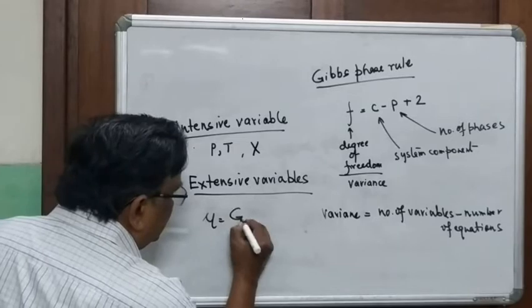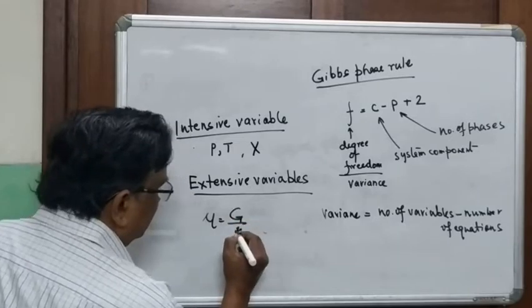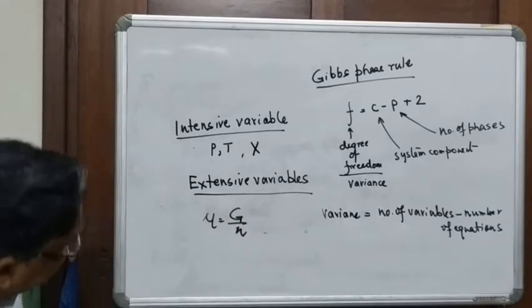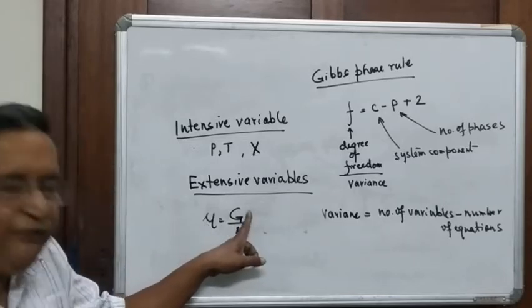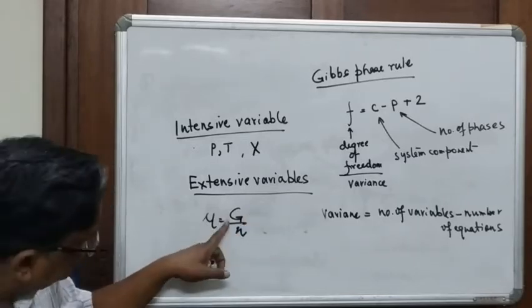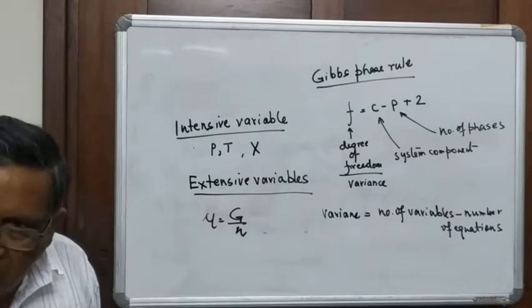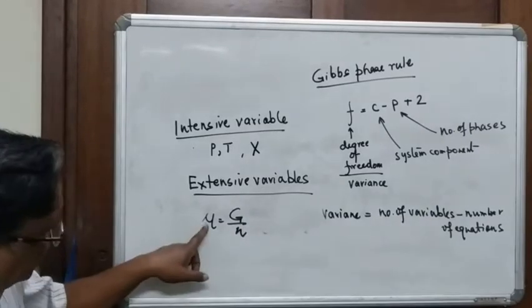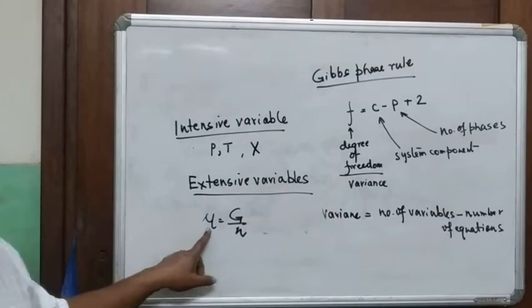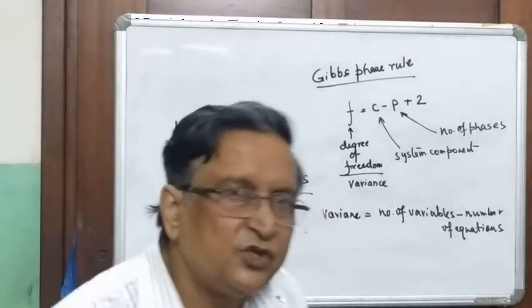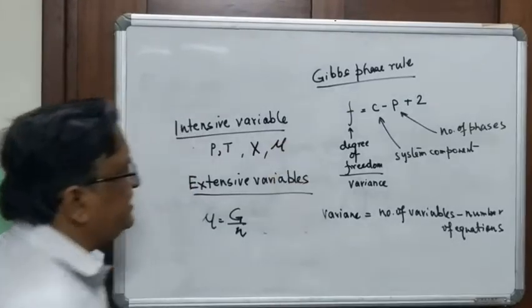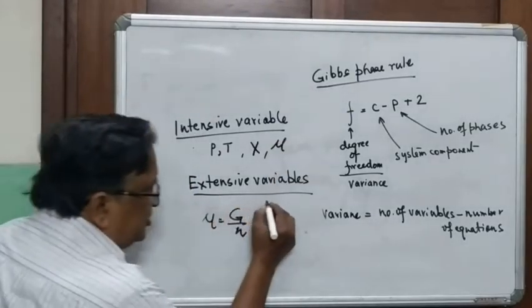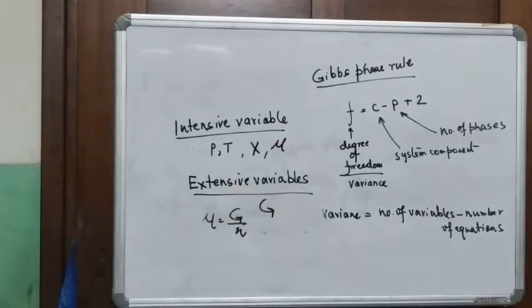Mu is equal to G by N. This is called chemical potential and this is called free energy. And G by N, that means molar Gibbs free energy, is called the chemical potential per mole. So it does not depend on mass. So chemical potential is an intensive variable, but G is an extensive variable.